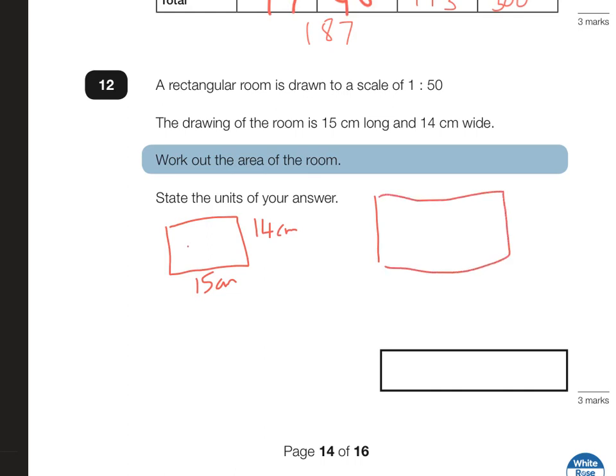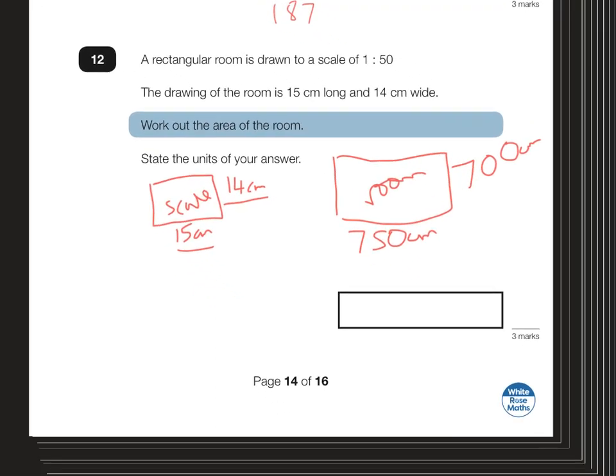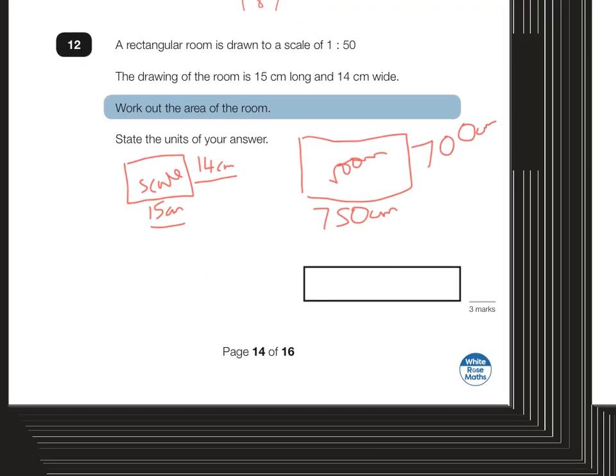Okay, there's my actual, so this is my scale, this is my room. So the scale is 1 to 50. So both these numbers need to become 50 times bigger. Okay, so I need to times them both by 50. So that's 700 centimetres. And my base would be 750 centimetres. Now at this point, I can change them to metres if I want.